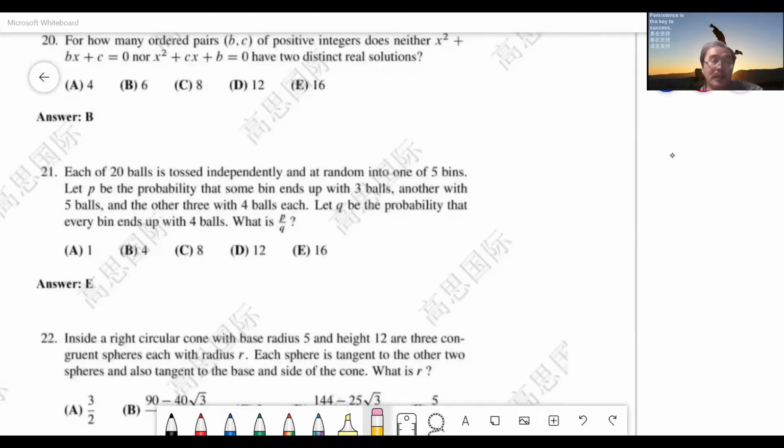Okay, question number 21. So we have the 5 bins, which we can call A, B, C, D, and E. We're going to find the probability P over Q. So what is the probability P?